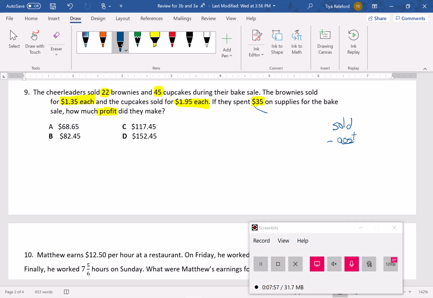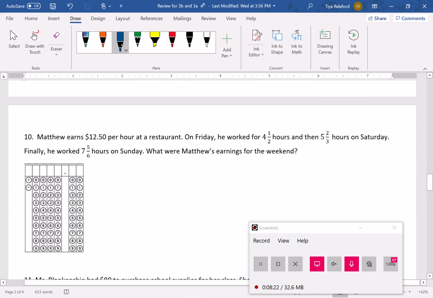The cost here is $35. They sold 22 brownies and 45 cupcakes. You're going to have to add the brownies and the cupcakes together, and that'll be how much you sold.